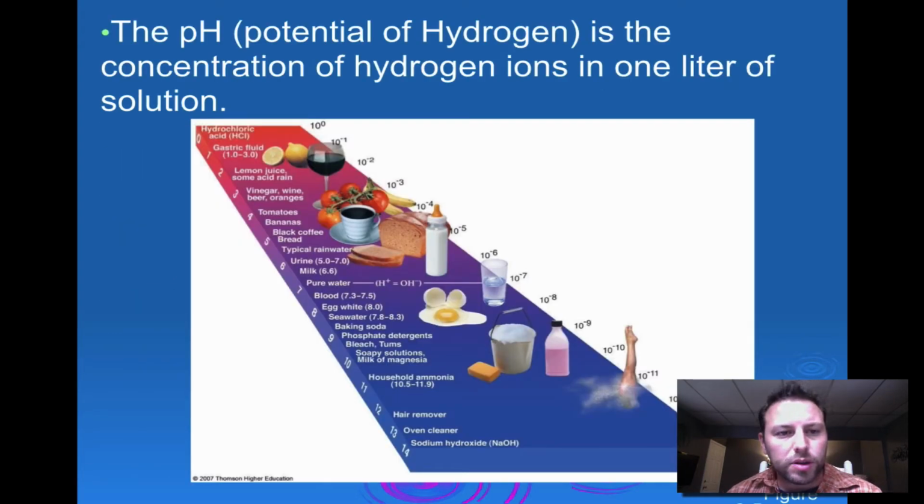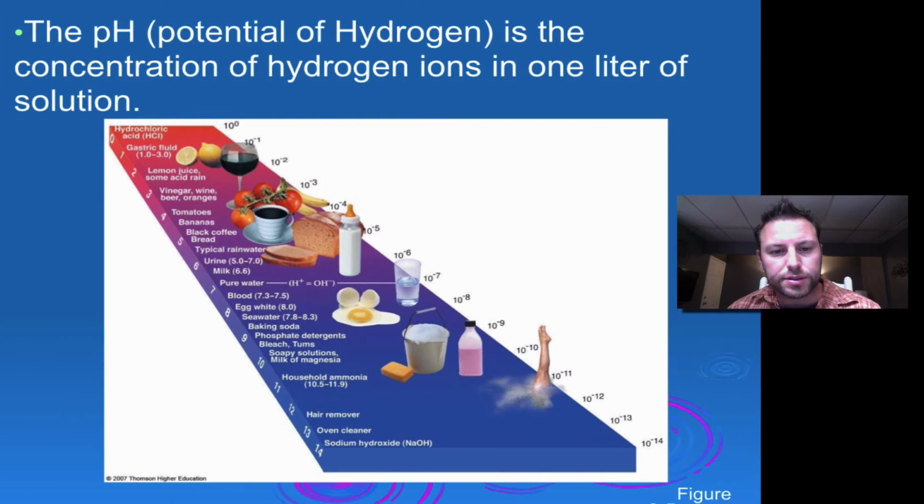What we could do is look at solutions where there's an imbalance, or basically a concentration of hydrogen ions. And this will give us a different pH. We can figure out if things are acidic or basic based on those concentrations of hydrogen ions.